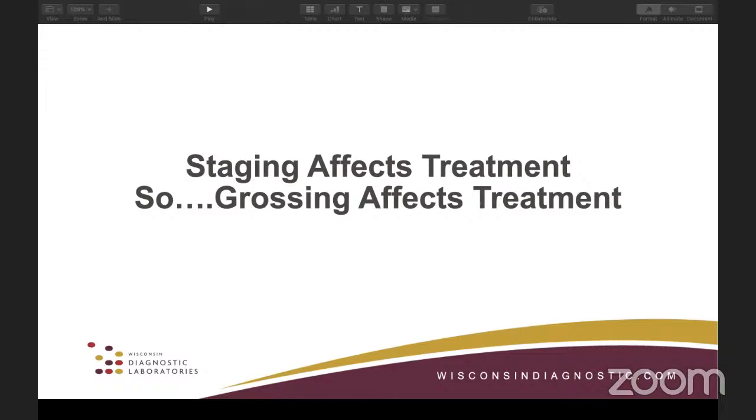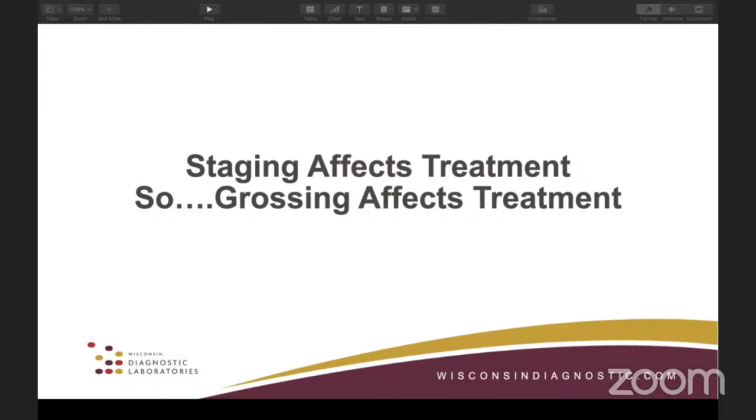And he gave some examples of things that maybe you can relate to. There was finding the one lymph node that was positive out of the many, because of course you didn't stop at 12, you kept looking until you found all of them. So you found the one lymph node that was positive, that changed the stage, changed the treatment for the patient, and might have saved their life.